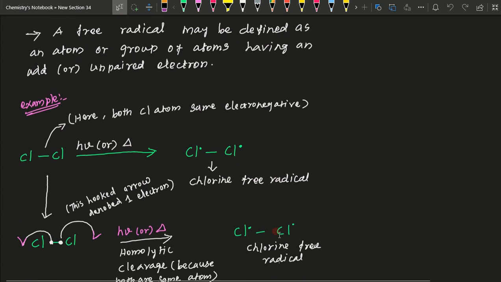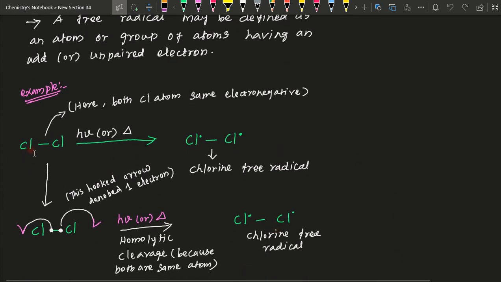For example, if we take a chlorine molecule when treating with sunlight or heat, here both chlorine atoms have the same electronegativity. So this chlorine bond breaks like this. This is the chlorine free radical.